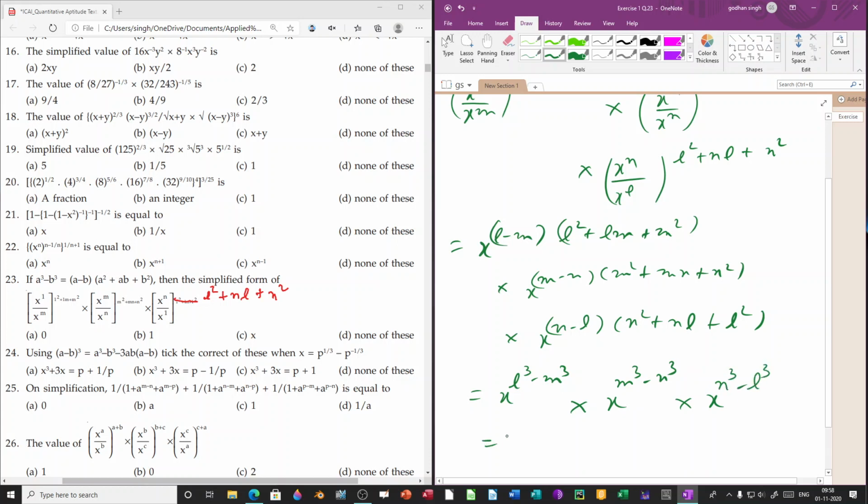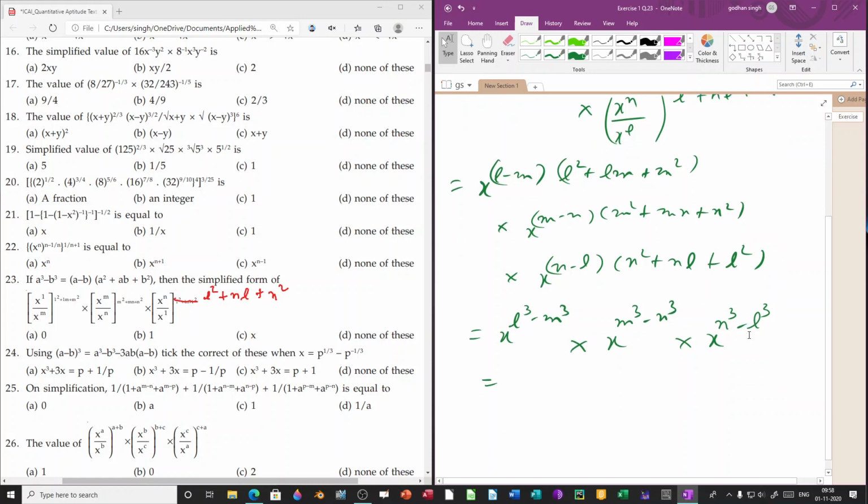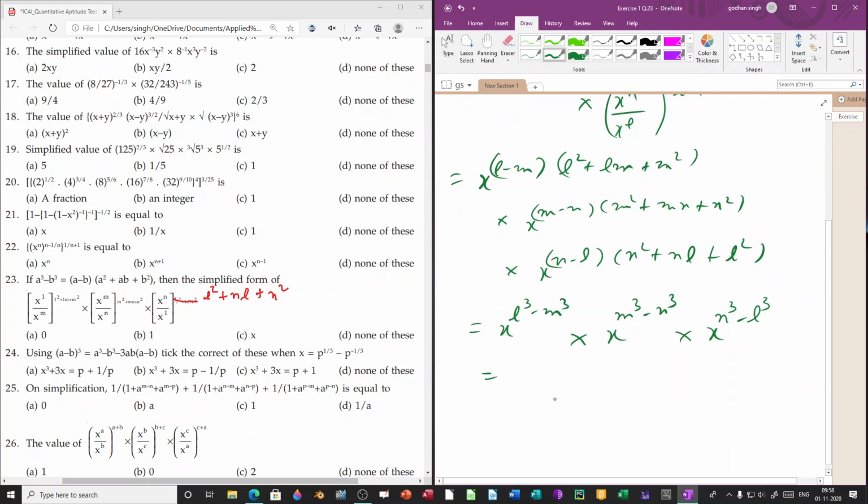Now here we can see that the base is the same, so the powers can be added. So we will be getting x raised to (l cube minus m cube plus m cube minus n cube plus n cube minus l cube).